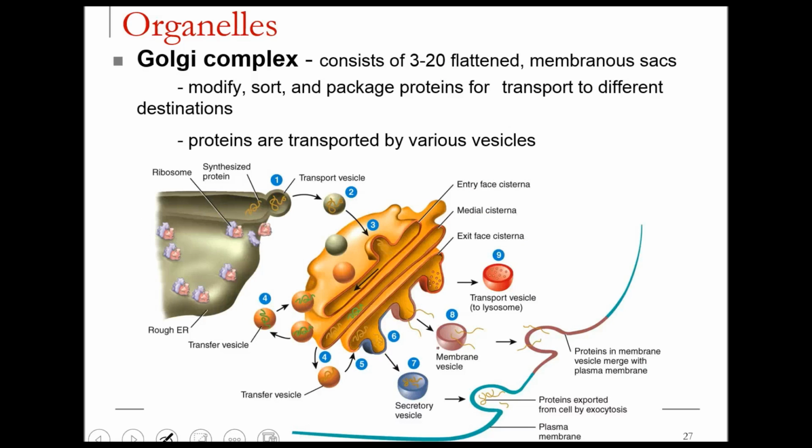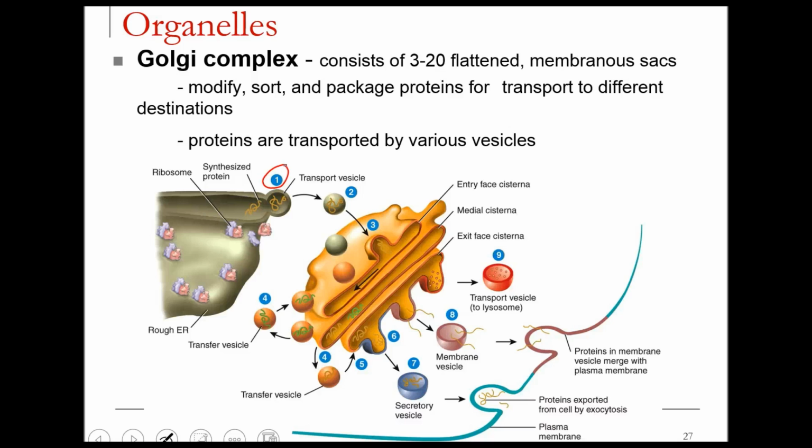Next, we have our Golgi complex. So this is another membrane-bound organelle. Now, proteins and fatty acids are synthesized by the endoplasmic reticulum. The proteins, for example, in this picture at step number 1, proteins from the rough endoplasmic reticulum could be transported to the Golgi complex by some transport vesicles.